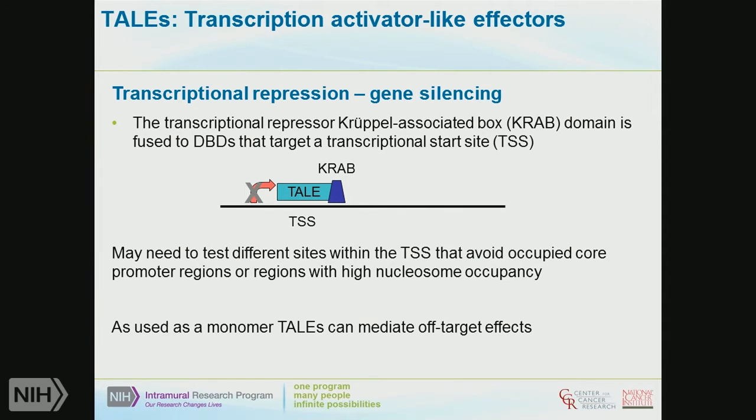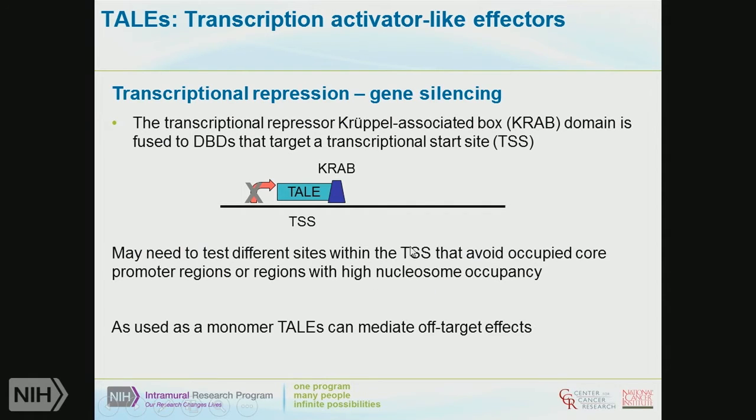This is why it's still described as repression. It's still gene silencing. It's not absolute, probably similar to what you see with gene silencing, and there's still going to be some transcription. Again, you have to design these very carefully, and you're going to need to test different sites within the transcriptional site to get the maximum effect of suppressing expression from this particular transcriptional start site.